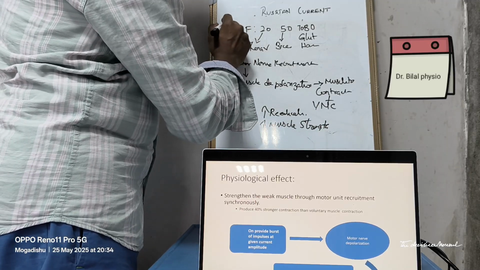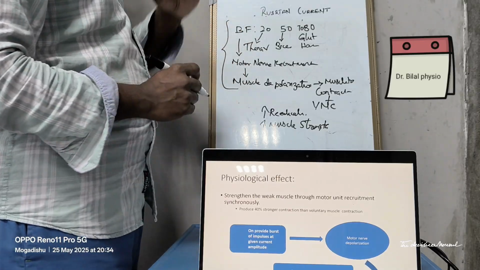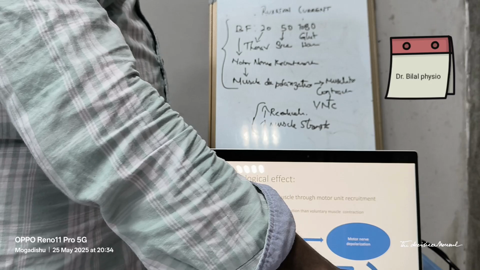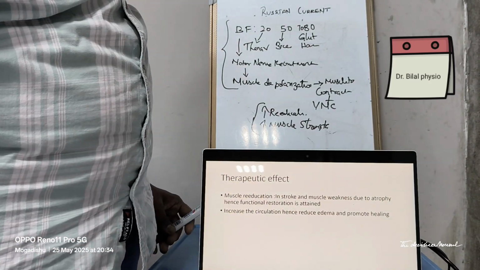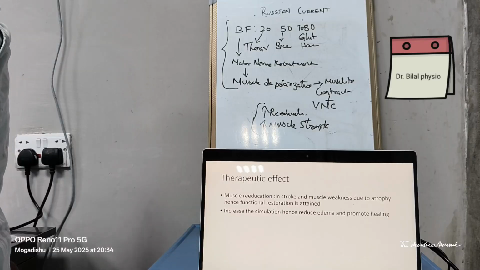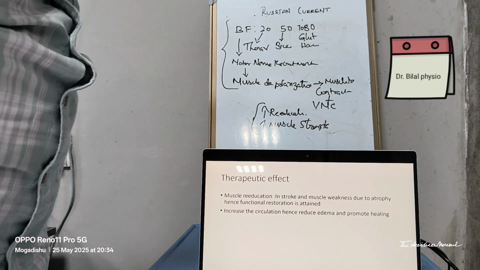So this is the physiological effect, and this is the clinical outcome we need, or the therapeutic effect we require. So this is the major help of the Russian current, why we use it.